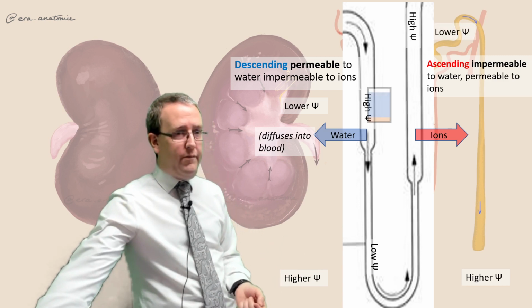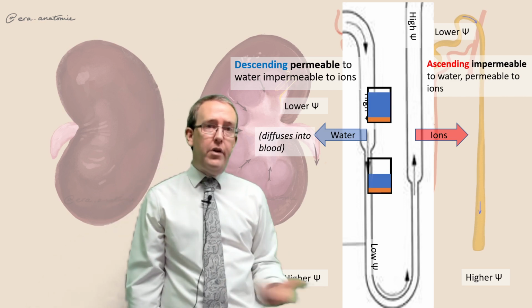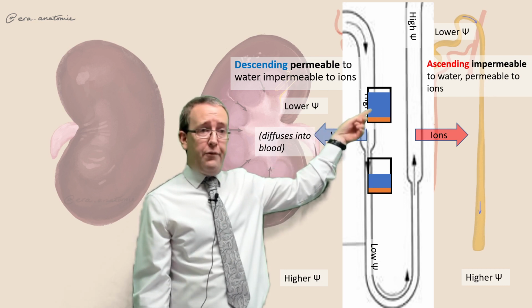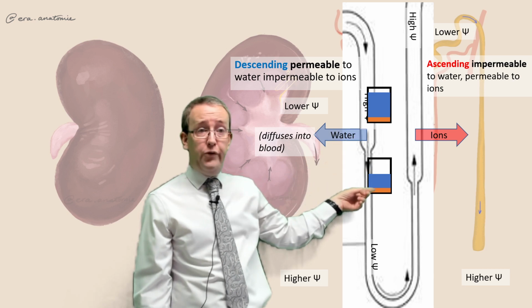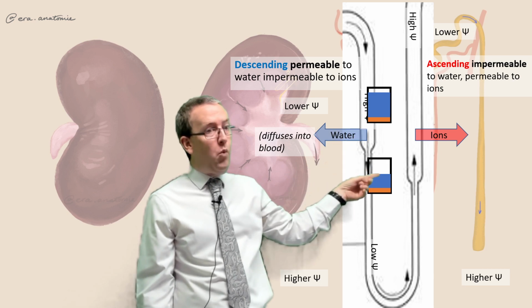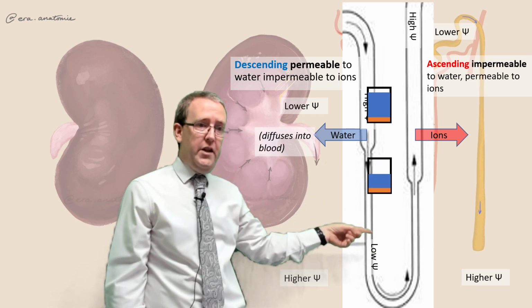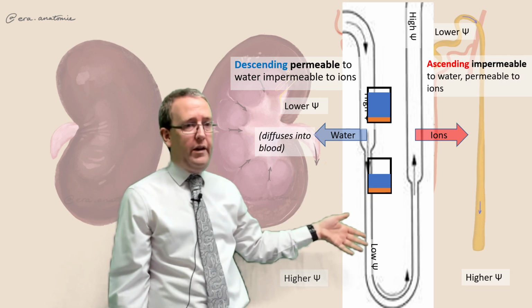So moving on. Just to put our little cups back on that we did in the previous slide, up here you've got a fixed amount of dissolved stuff and lots of water, so high water potential. As you go down, the dissolved stuff isn't changing, but the water is decreasing. Therefore, the solution is becoming more concentrated. It's a basic concept, but one that's absolutely vital to understand this.